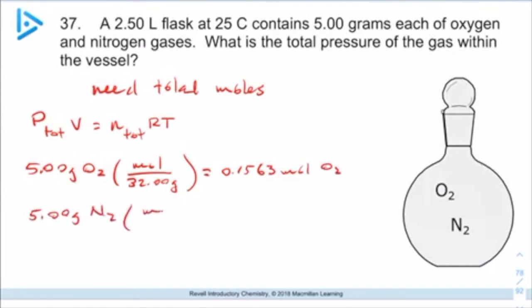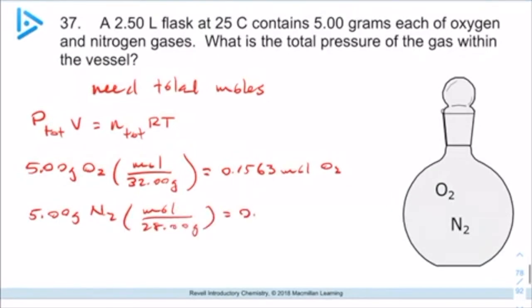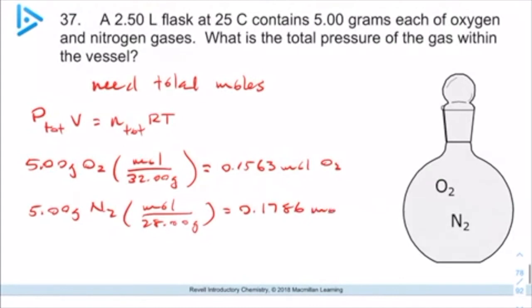And we do the nitrogen gas, and we get 0.1786 moles of N2. Total those up, I've got 0.335 moles total.